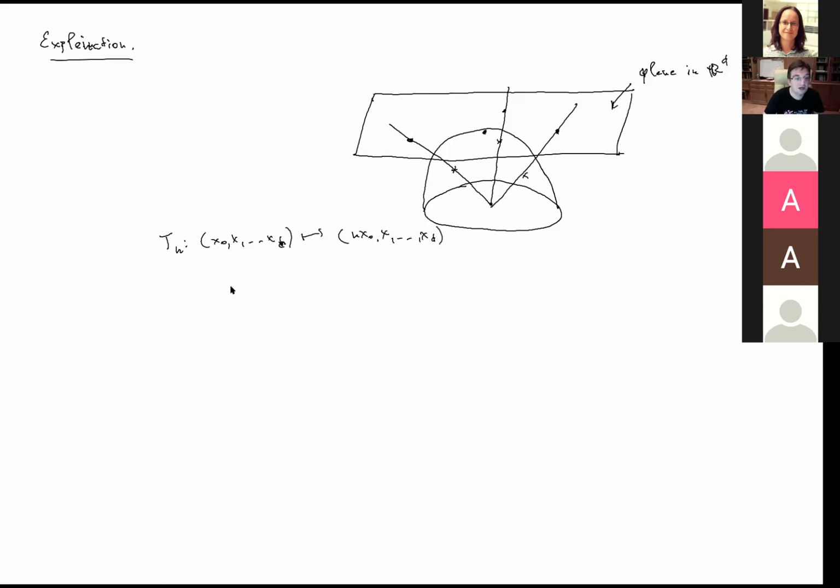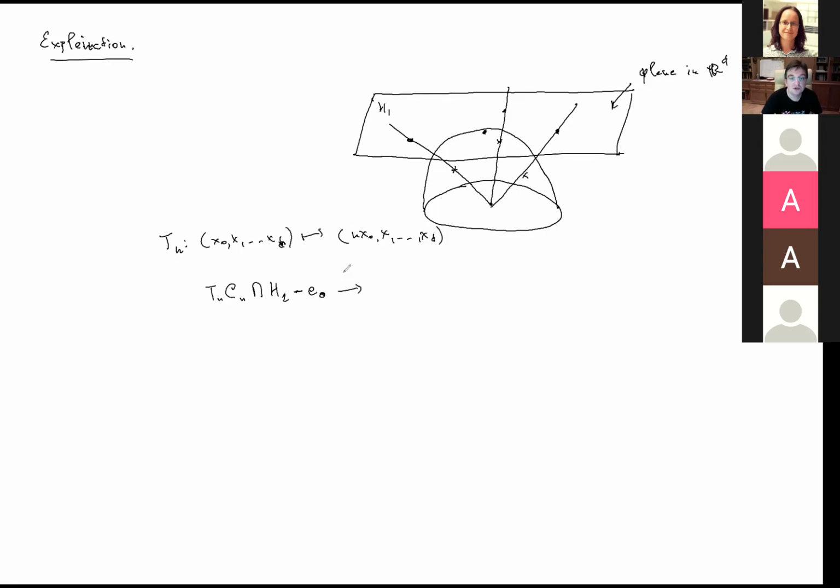Now let's take our cone. Let's apply this transformation. So this is a scaling along the first coordinate. Now let's take the intersection of this with H1. This is our plane H1, say. And then this is shifted in such a way that it passes through the origin.